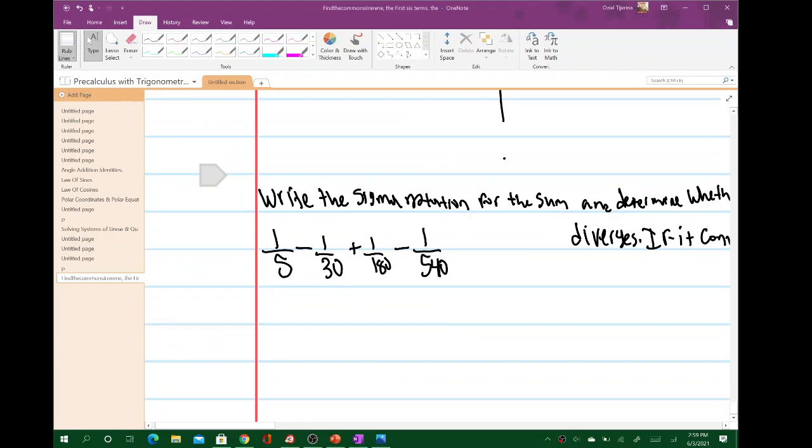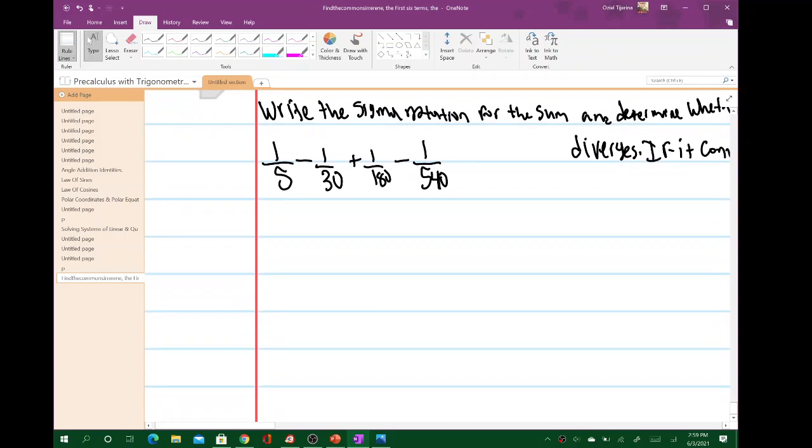Okay, so if you look very closely and you see the pattern, it's very obvious that this is a geometric series. So we already know that this is a geometric series.